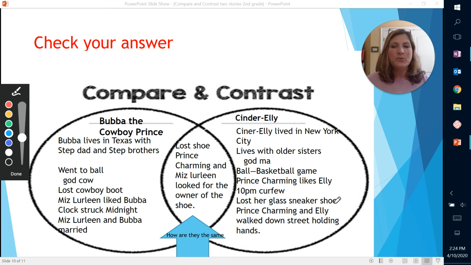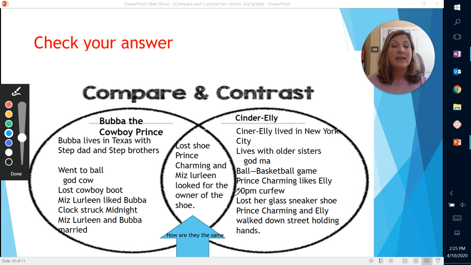And they both went to a dance. Elly went to a basketball game, whereas Bubba went to a ball. He went to the ball. It was a dance. They danced to country music and did like, they called it a hoedown. I think that's what they called it.